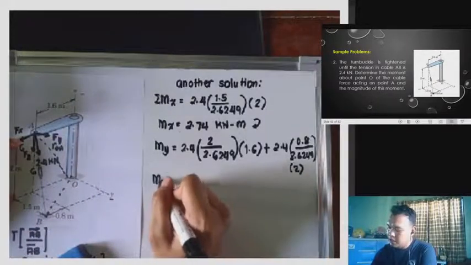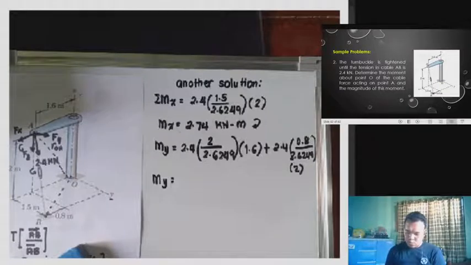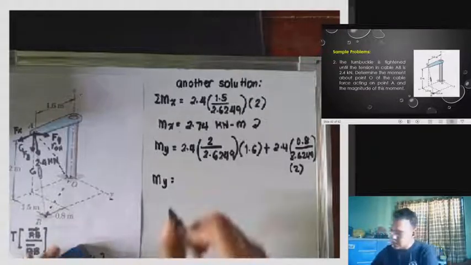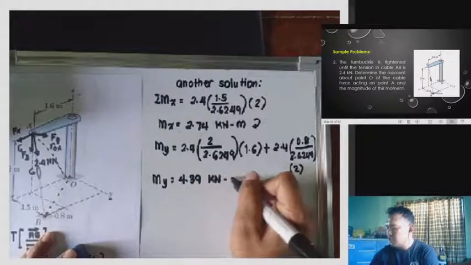So, my is equivalent kay 2.4 times 2 all over 2.6249 times 1.6 plus 2.4 times 0.8 all over 2.6249 times perpendicular distance which is 2. Therefore, meron akong 4.39 kilonewton meter.